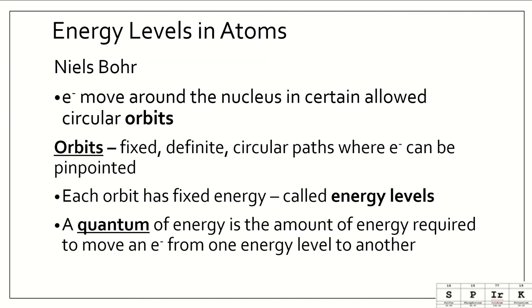And a quantum of energy is the amount of energy required to move an electron from one energy level to another. So electrons exist in these orbits, and they can travel to other orbitals, but to do so, they need to receive a piece of energy, which we will call a quantum. So if an electron receives a quantum of energy, it can move from one energy level to another.